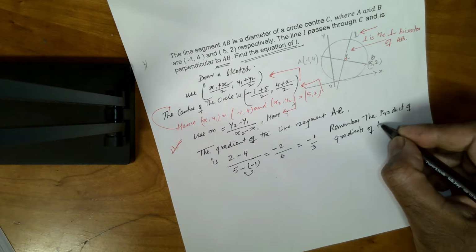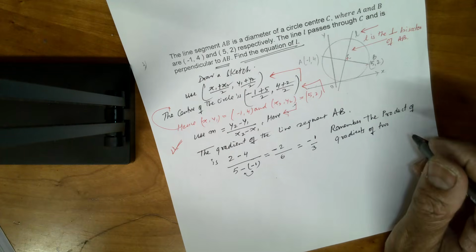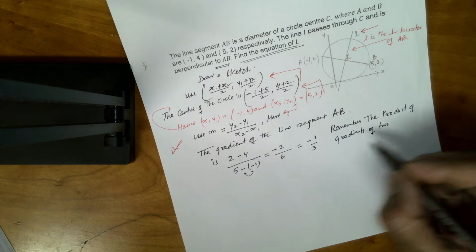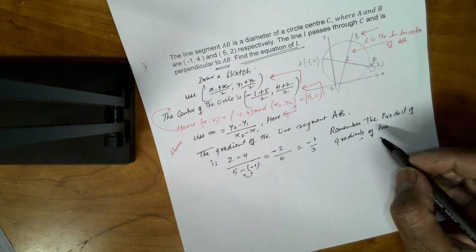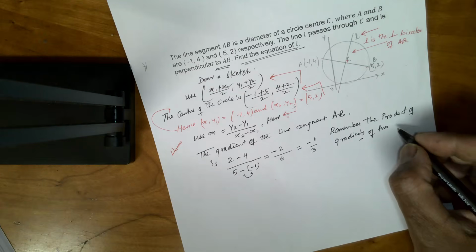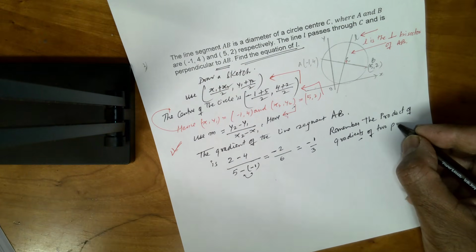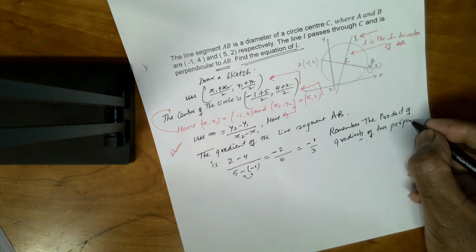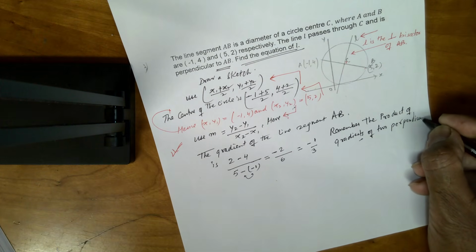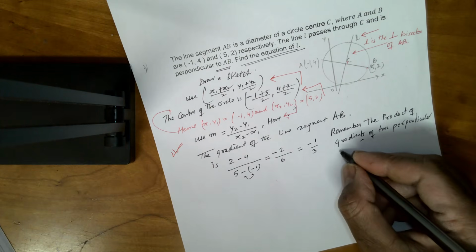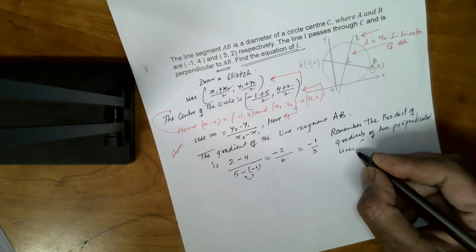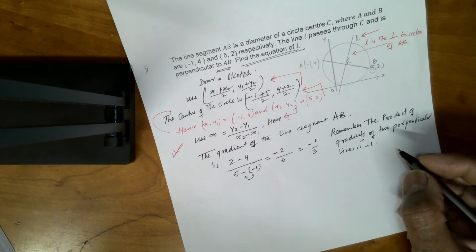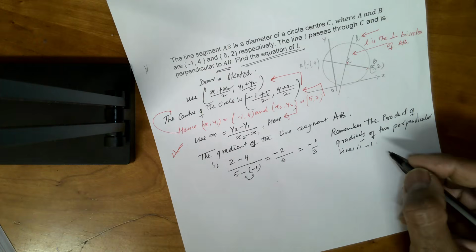The product of the gradients of two perpendicular lines, because the lines are perpendicular to each other, is minus 1. Okay, remember that.